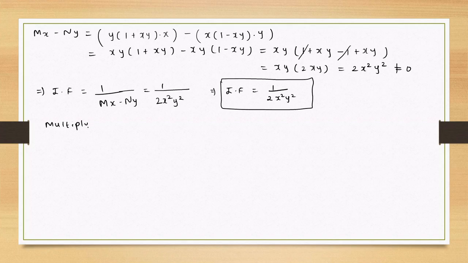Multiplying the integrating factor to equation number 1. Right? So 1 upon 2x square y square.